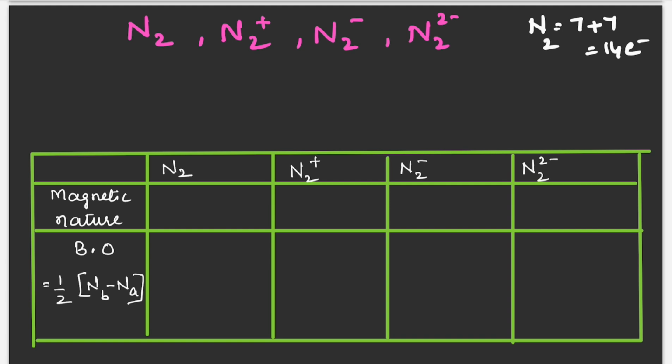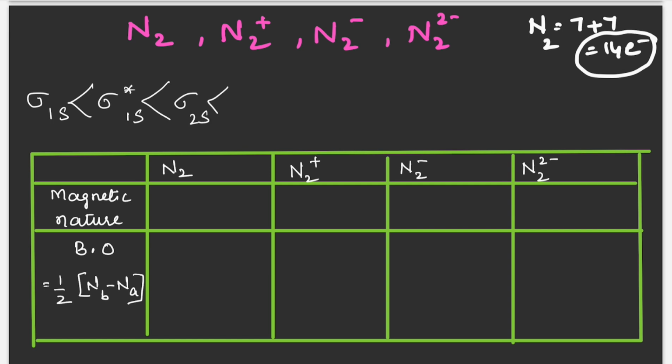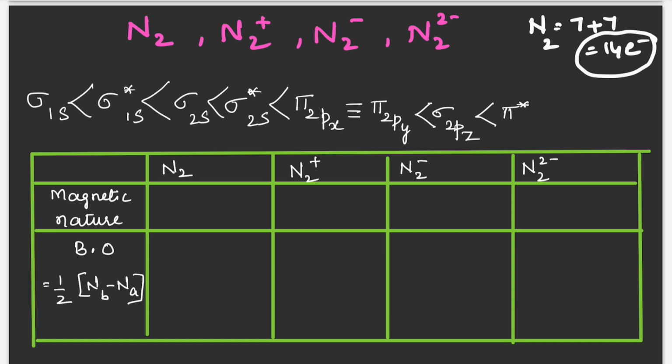For a system with up to 14 electrons, the molecular orbitals we can write like this: sigma 1s, sigma star 1s, sigma 2s, sigma star 2s, then pi 2px equivalent to pi 2py, then sigma 2pz, then pi star 2px equivalent to pi star 2py, and last sigma star 2pz.